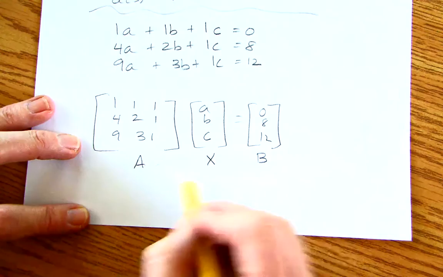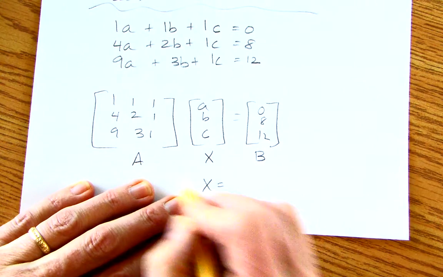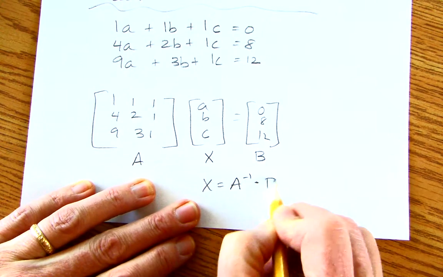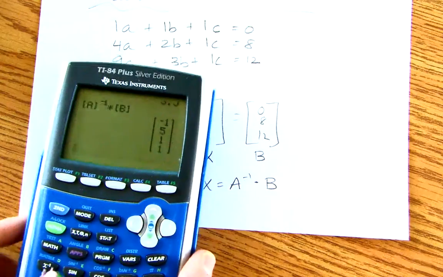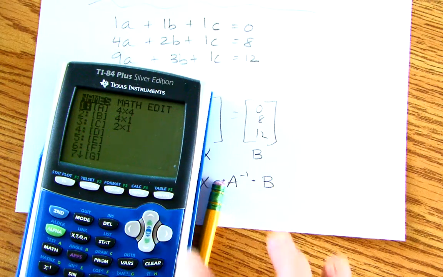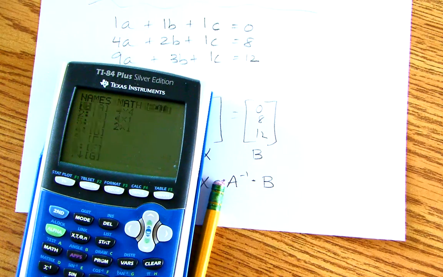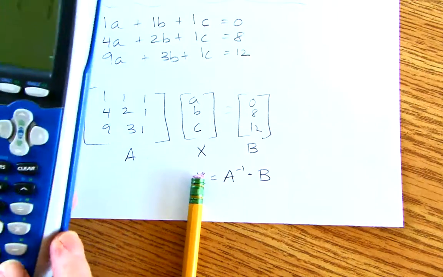And so I can't divide, so how do I get x? X is going to be the inverse of A times B. And I probably should have done this ahead of time. But remember, second matrix, I'm going to edit matrix A. It's a 3 by 3. And I have 1, 1, 1.